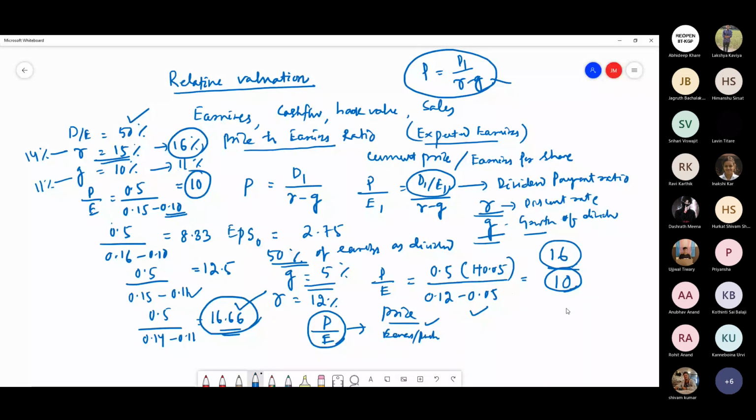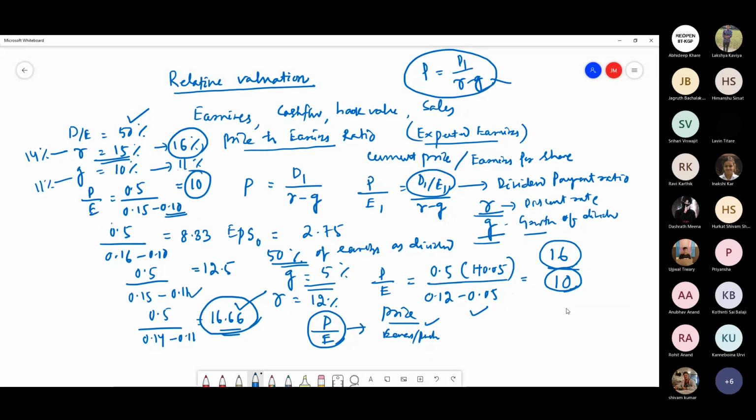This 16 basically represents, or the P/E ratio tells, how many rupees the investor is willing to pay for 1 unit of expected earnings from that particular stock.